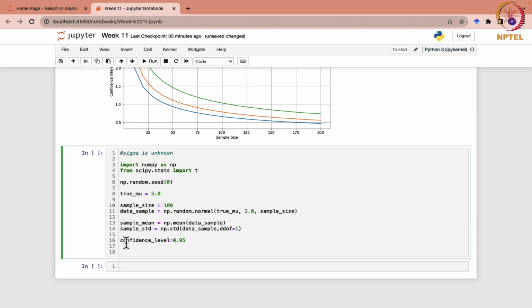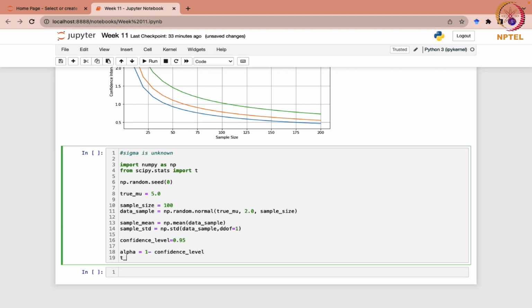Alpha would be 1 minus the confidence level, and t critical, from t we will write t.ppf of 1 minus alpha by 2, and degrees of freedom would be n minus 1, that is sample size minus 1.